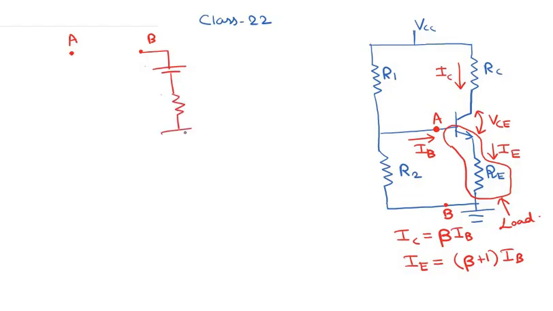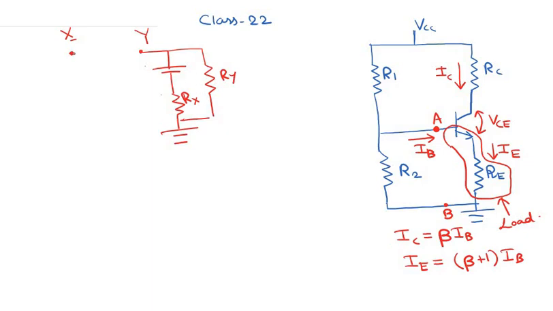Don't confuse this A and B with the AB points here. So to avoid confusion, let us call these points X and Y. Now let us assume that some current is flowing through these resistors Rx and Ry.